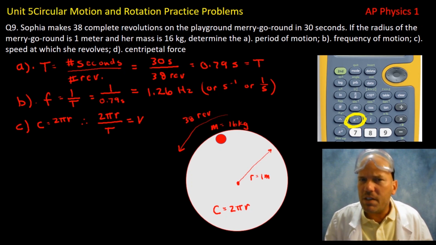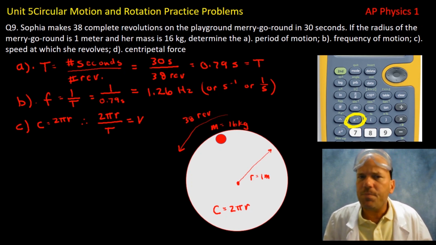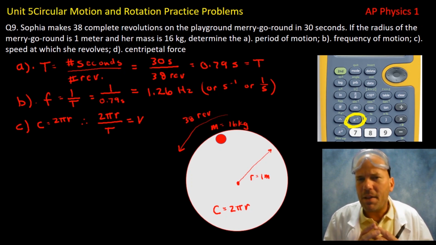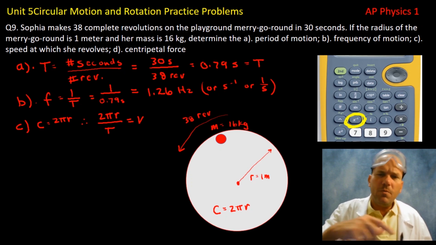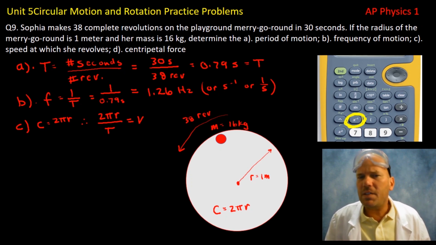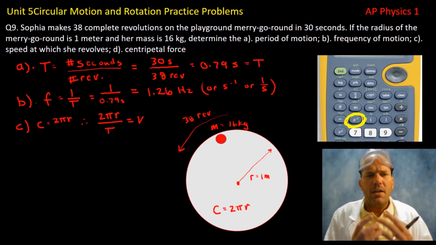One revolution is the circumference of the merry-go-round, which is equal to 2 multiplied by pi multiplied by the radius, and we know the radius. So she completes 1 revolution, or 2 pi r, in 0.79 seconds. What is speed?